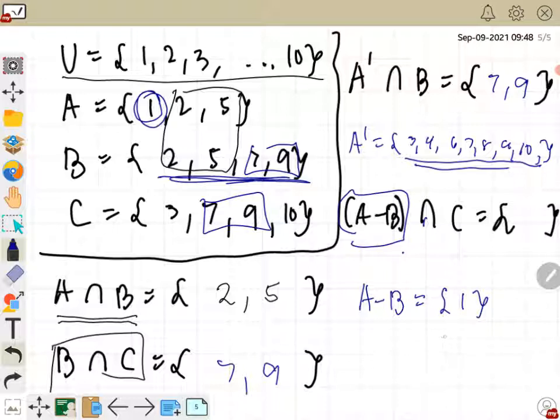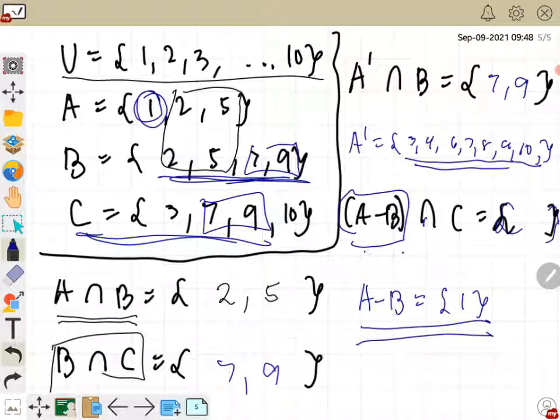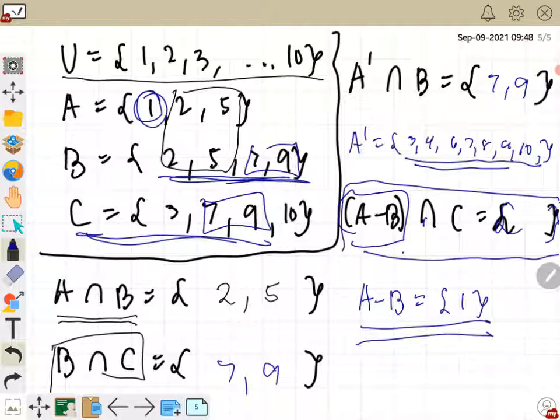Combining it with C, if you take a look, in C we have 3, 7, 9, 10. In A minus B, 1. So there are no common elements. Therefore, we take this as an empty set. So we just write simply as that. That is just an empty set, since there are no common elements. So that is our third and fourth operations on sets.